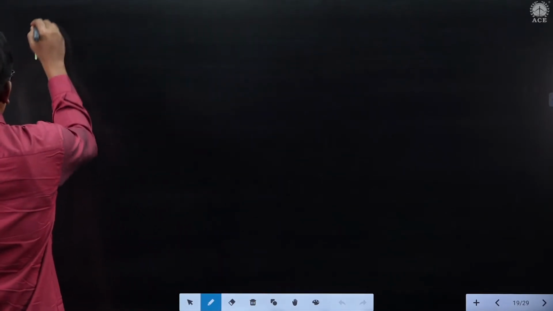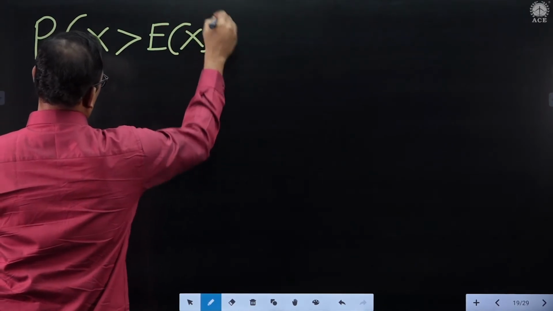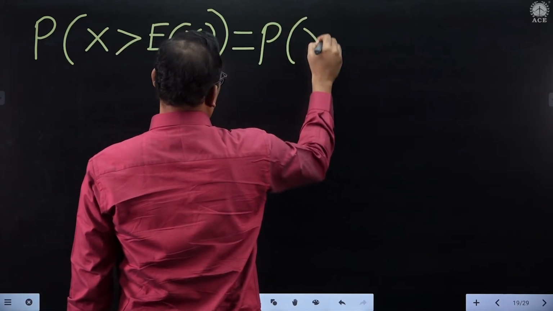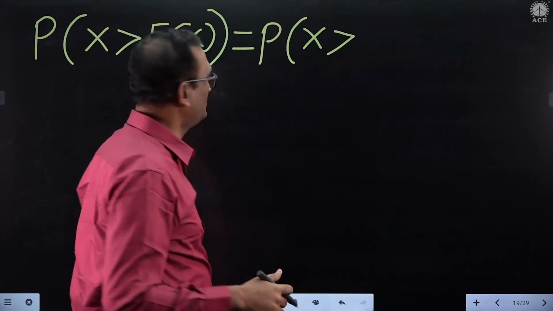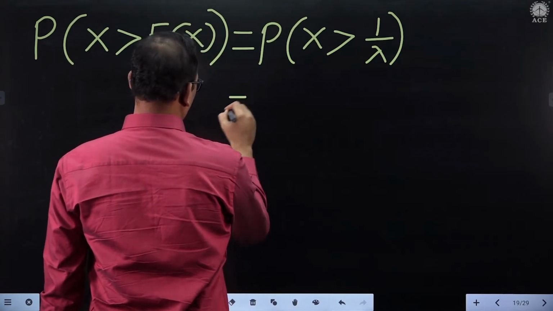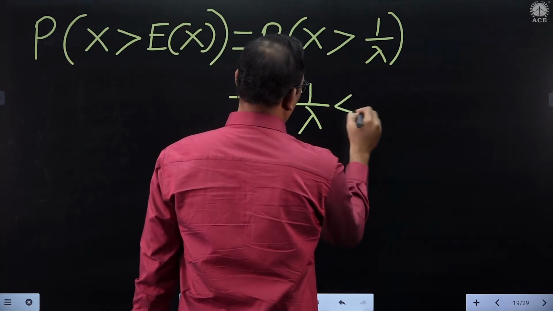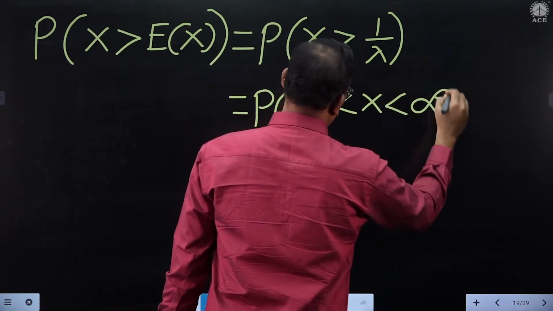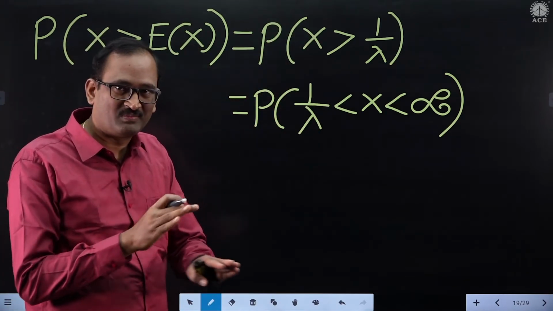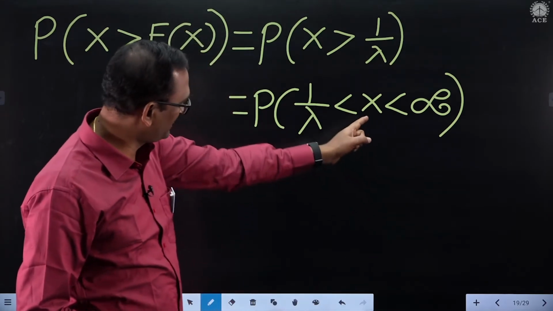We were asked to find the probability of capital X greater than its expected value, that is probability of X greater than 1 by lambda. I can write probability of 1 by lambda less than X less than infinity, because any number greater than 1 by lambda should lie between 1 by lambda and infinity.